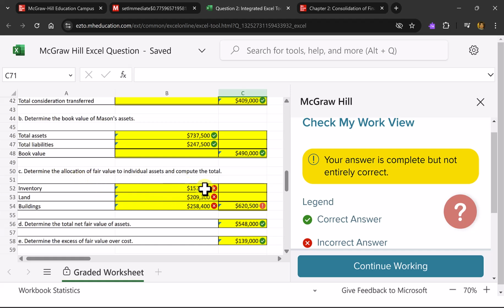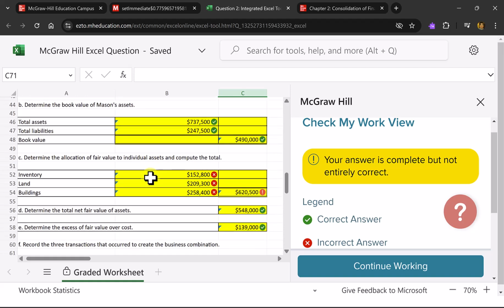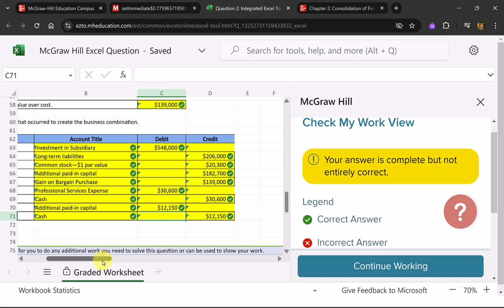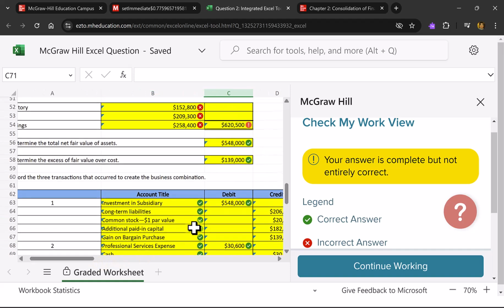Okay, I added the cost and the increase. So what's wrong here? Determine the allocation of fair value to individual assets. Are they only looking for the increase? I think so. Everything else looks correct. Let me go back and fix this here.